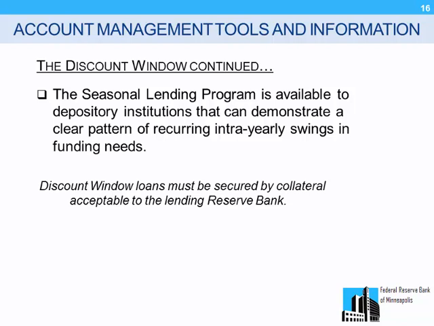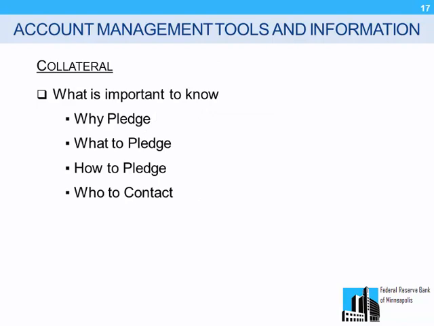So, of course, like most loans, loans from the discount window must be secured by collateral that is acceptable to the Federal Reserve. Which brings us to collateral. What's important to know? Why to pledge, what to pledge, how to pledge, and who to contact. On slide 19, why to pledge?